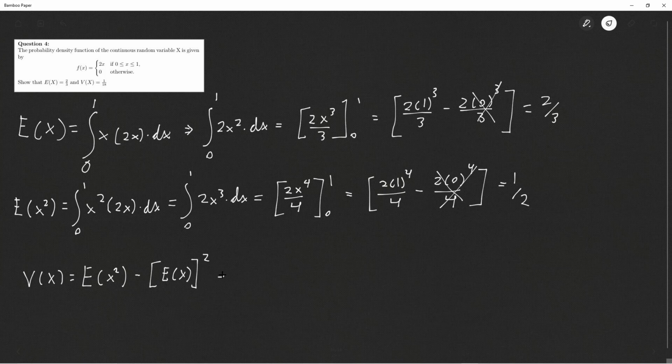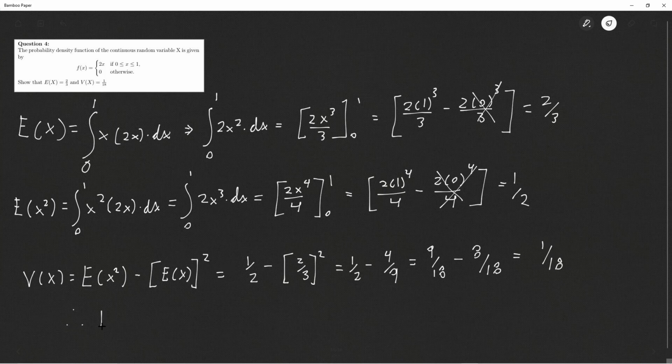So this means that we're going to get 1/2 minus 2/3 squared, which will be equal to 1/2 minus 4 over 9, or in order to subtract, getting a similar denominator, this will become 9 over 18 minus 8 over 18, which will give us the answer we're looking for of 1 divided by 18.